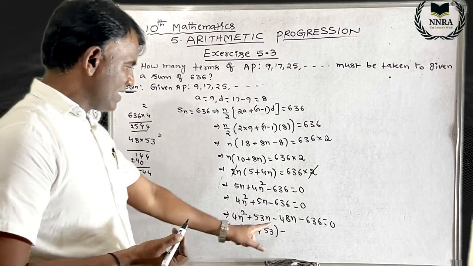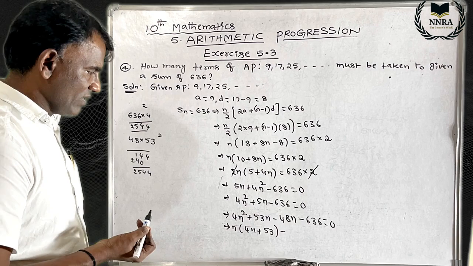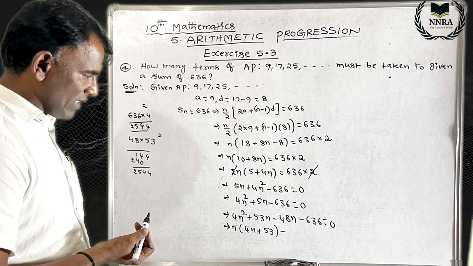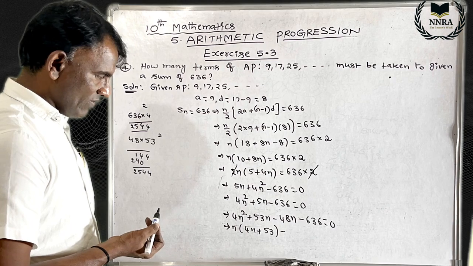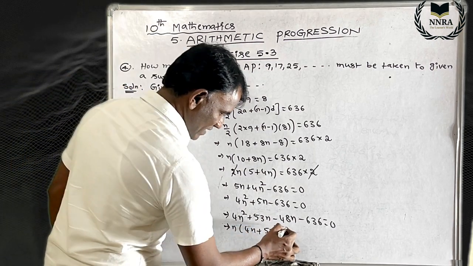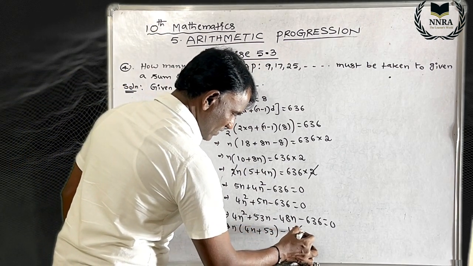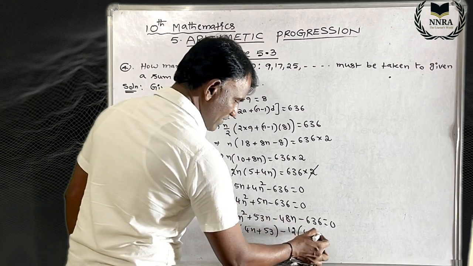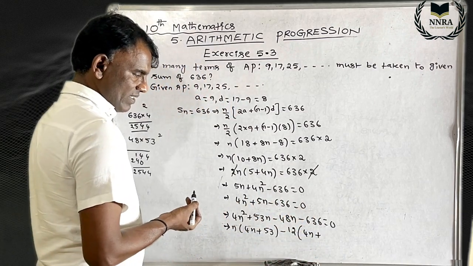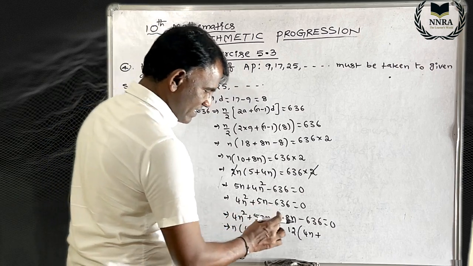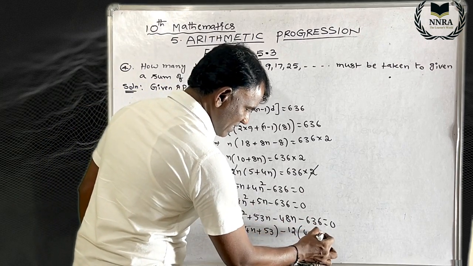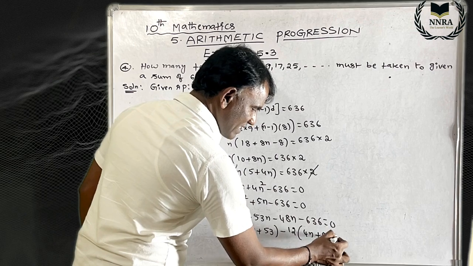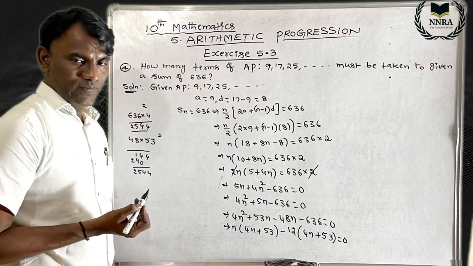But in this, which is the common value? 48 is not common. Then which one is common? Suppose if you take 12, 12 4 is 48. Okay, we'll try. So 12 into 4n, then minus is common, then write here plus. Then 12 is common means 12 5 is 60, 36 means 12 3 is 36, equal to 0.